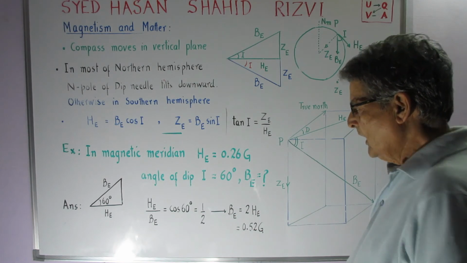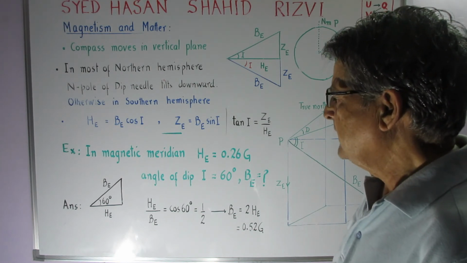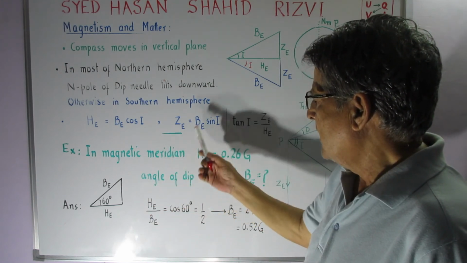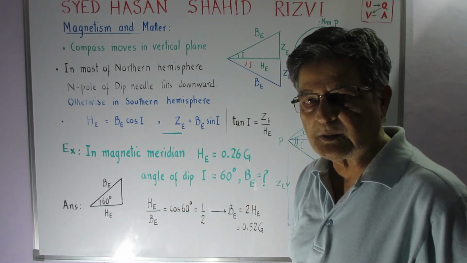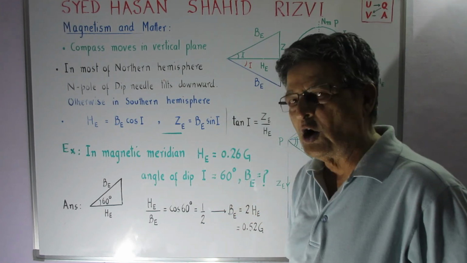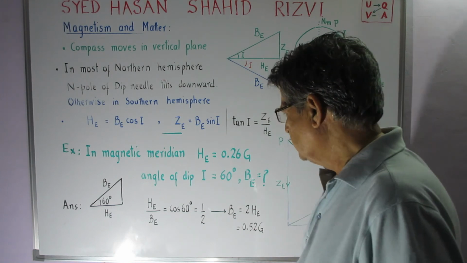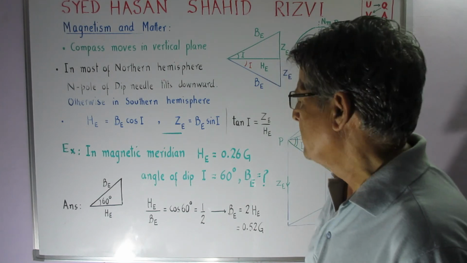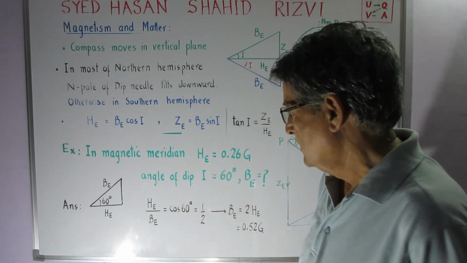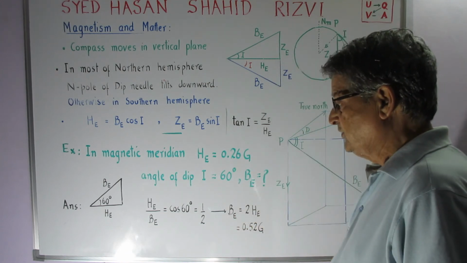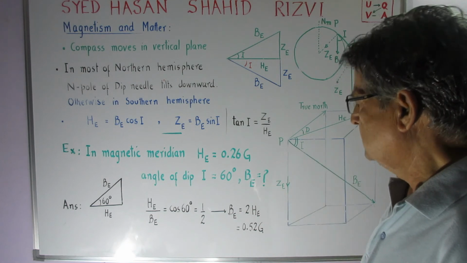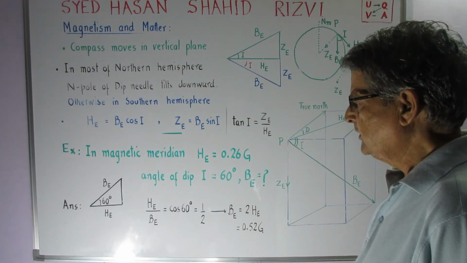To wind it up, I am taking an exercise in which, in the magnetic meridian of a place under consideration, HE is given as 0.26 Gauss. Okay, 1 Gauss is equal to 10 to the power of minus 4 Tesla. The angle of dip is given as 60 degrees. Okay, cos of 60 degrees we always know is equal to 1 by 2. So they are asking what is the value of the Earth's magnetic field.